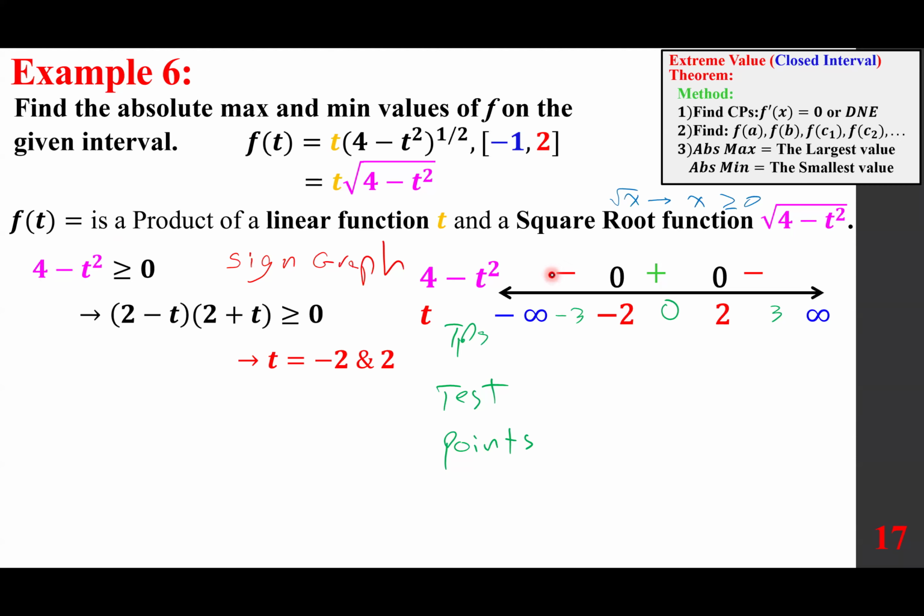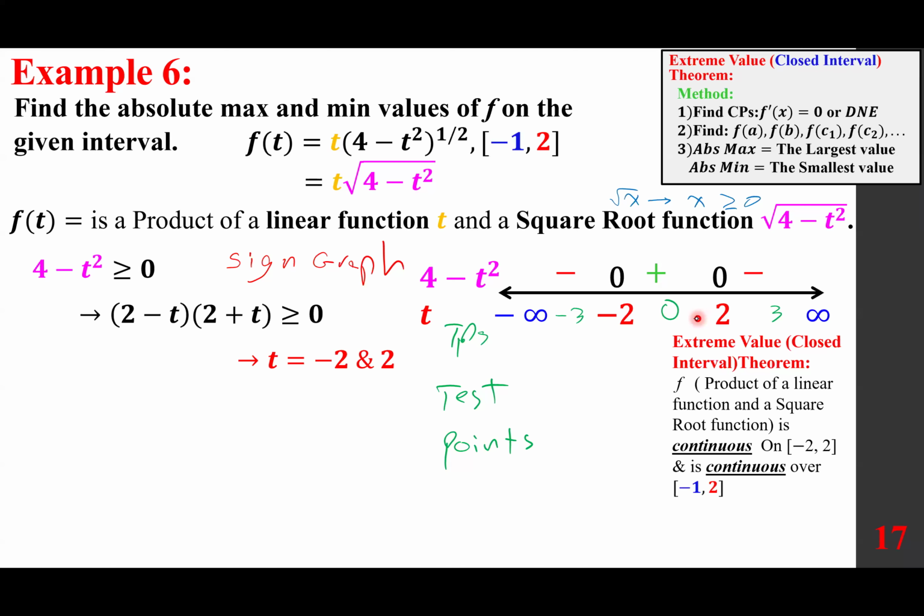So we go back and say, okay, we need this one to be greater than or equal to 0. That means in this vicinity from negative 2 to 2. Therefore, we write f, which is a product of a linear function and a square root function, is continuous on the interval of negative 2 to 2.